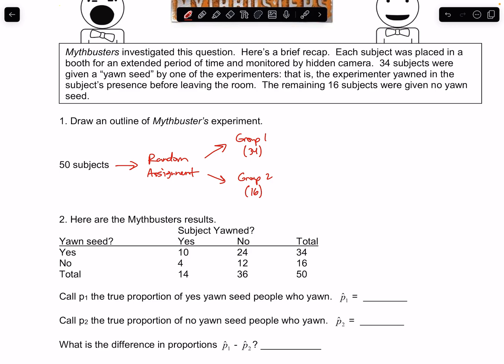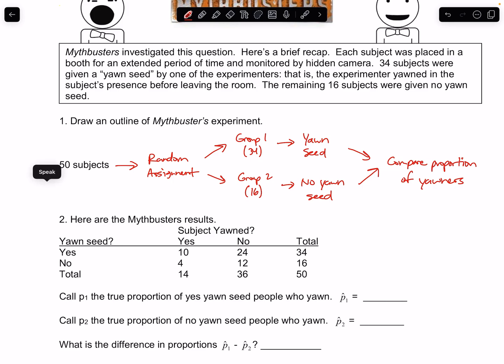The 34 in Group 1 were given the yawn seed treatment, and Group 2 was given no yawn seed. And then ultimately, once we've given those treatments, we then come back together and compare the proportion of yawners. So did these people actually yawn?